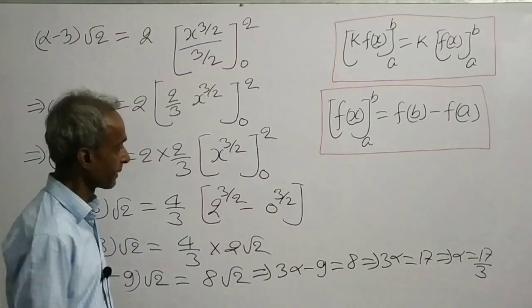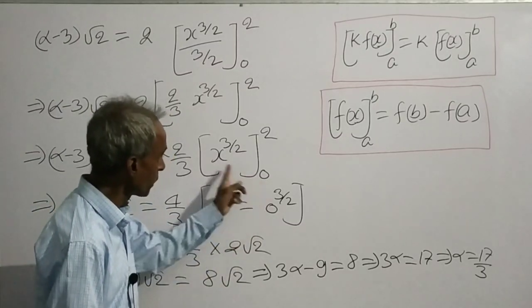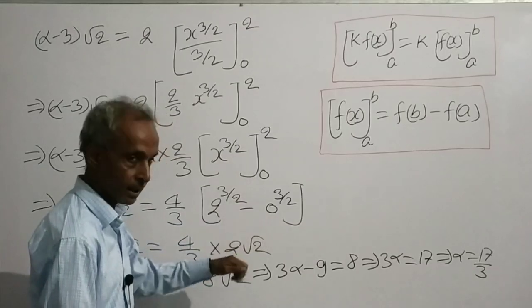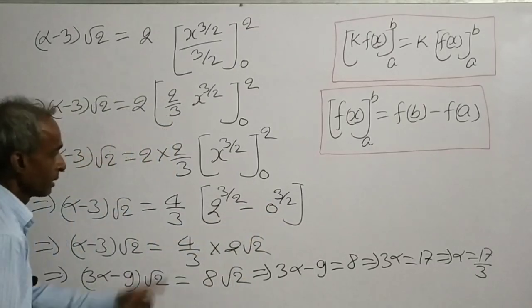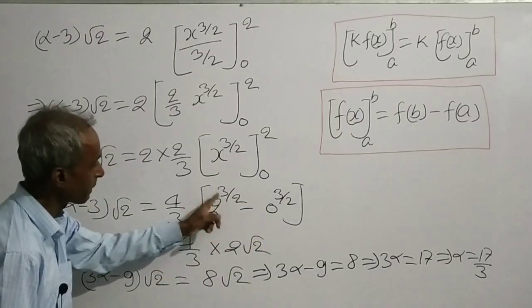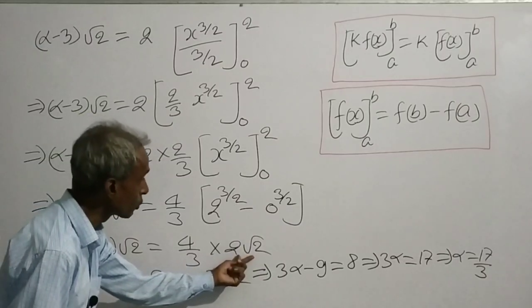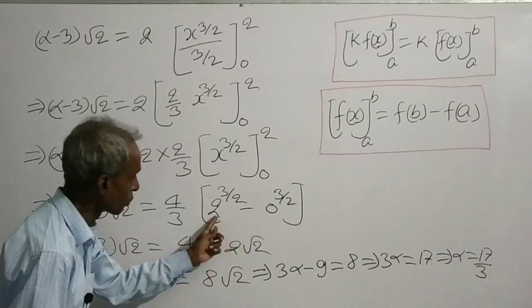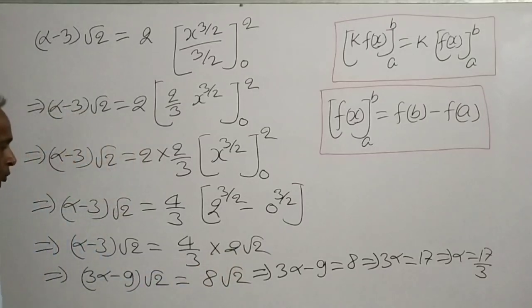Then minus sign. Now put 0 in place of x, other things remaining the same. This will be equal to 0, and 2 to the power 3 by 2 is 2 root 2.